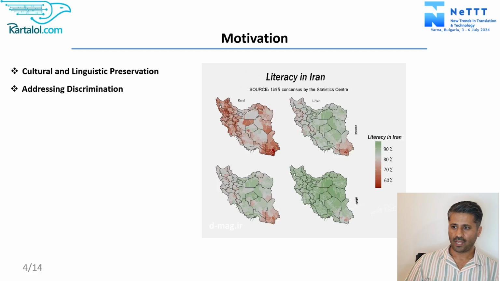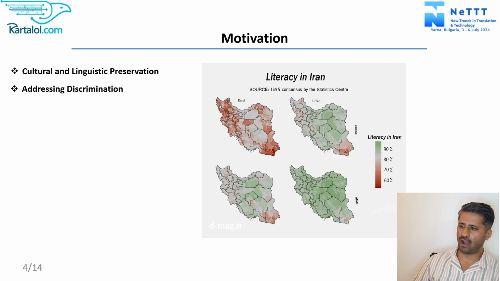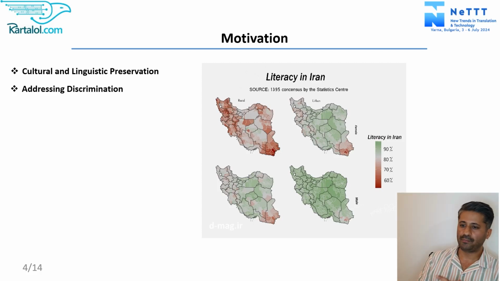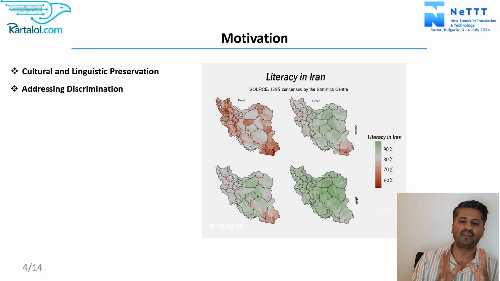So on this path, we can see obvious discrimination, and we can say that most of the non-Persians, meaning Turks, Arabs, Kurds, even Baluch and so on, have not been educated well.